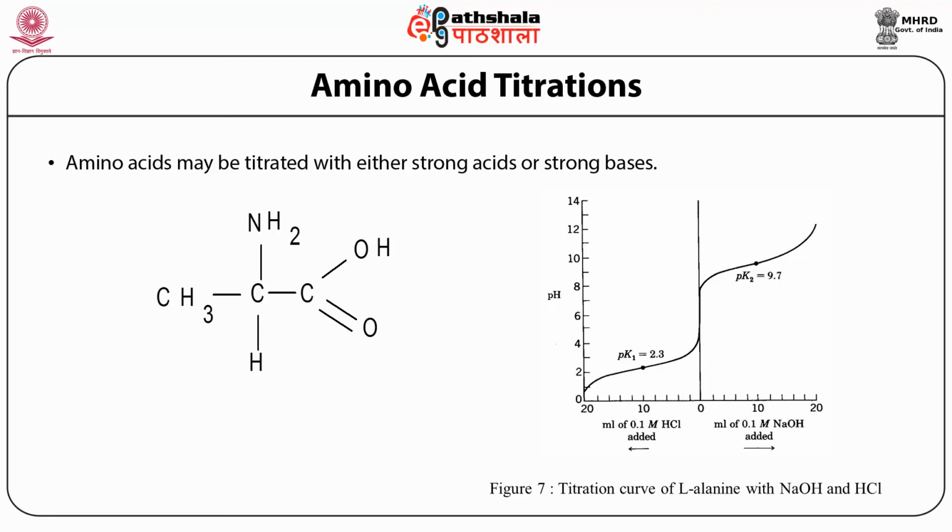It comes at 9.7. So in this type of titration, amino acids are weak acids, but they also contain a carboxylic group, and replaceable protons from both carbon and nitrogen. So two reagents are required for titration and we get two endpoints.